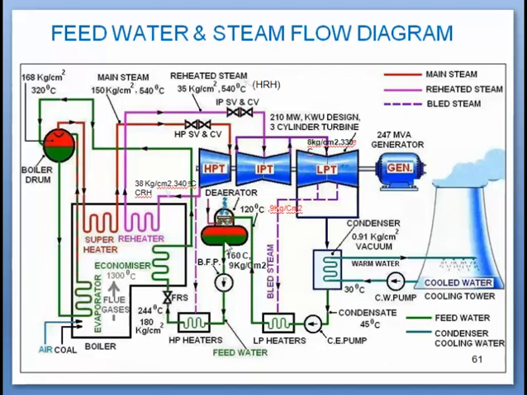Now this feed water is extracted by the boiler feed pump and goes through the feed water heaters, the HP heaters, that is, the high pressure feed water heaters. This goes to the economizer, and finally this comes to the boiler drum where the two phases get separated.